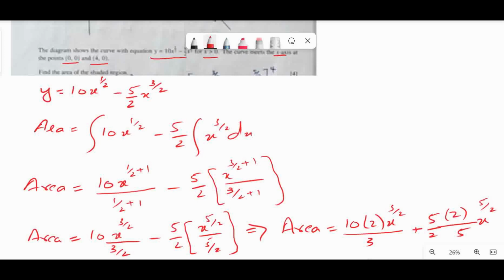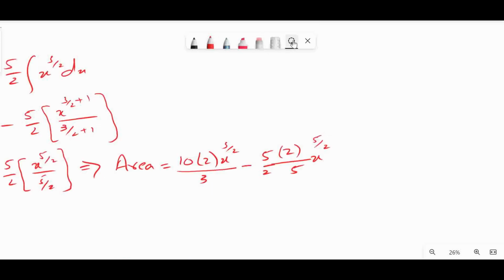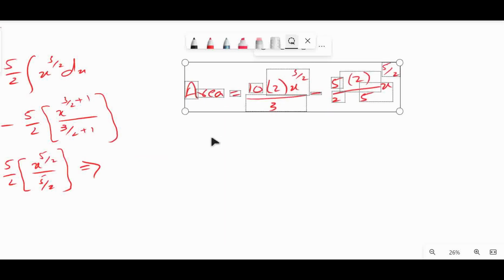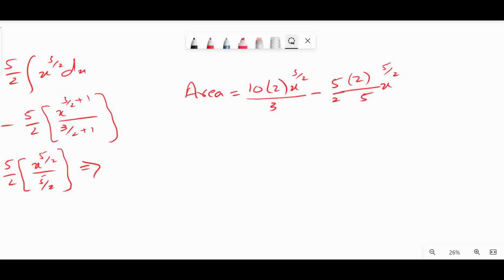Now there is a small correction, this is minus. So now we can further simplify it. Let's copy this portion and move it to the other side.